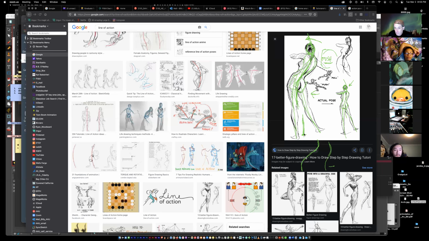This character is not moving. All right, and then the line of action for the other arm. And once again, once you've got that bean shape in there, just give yourself a little bit of exterior volume. The thing that I like about this kind of drawing is that they're mixing the volume of the head.